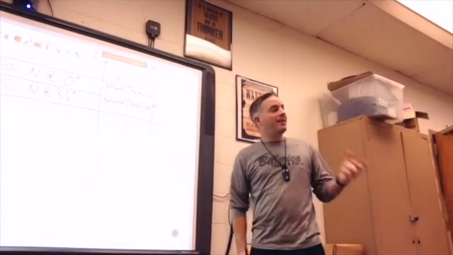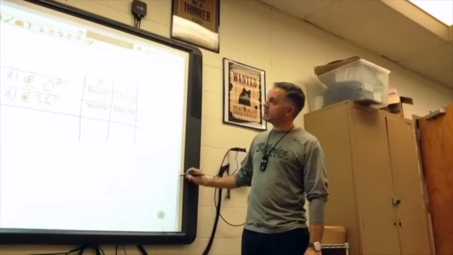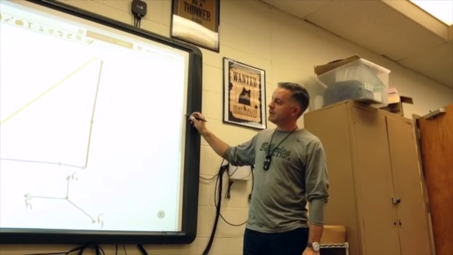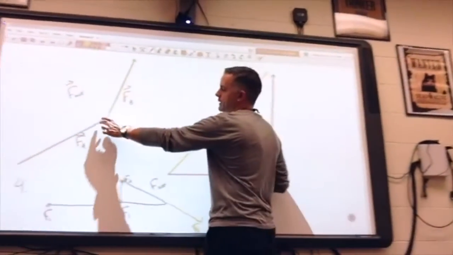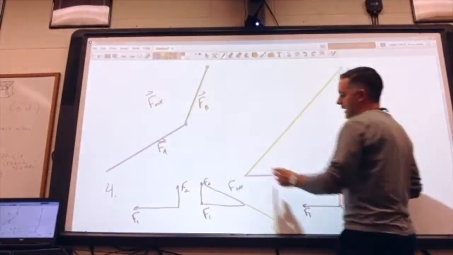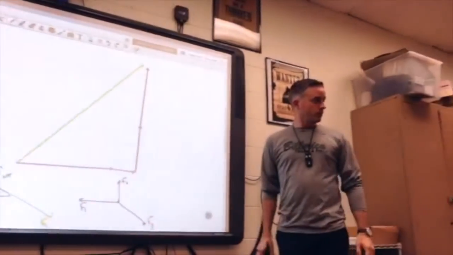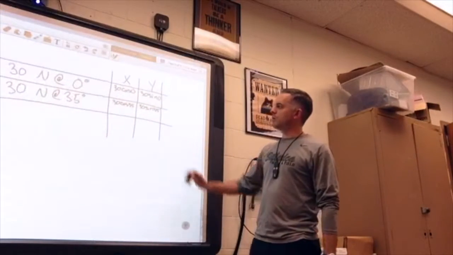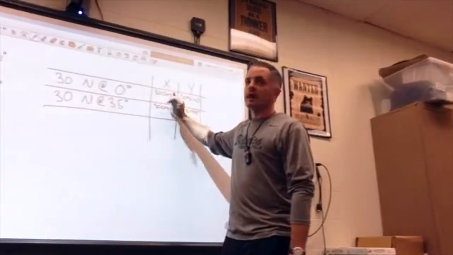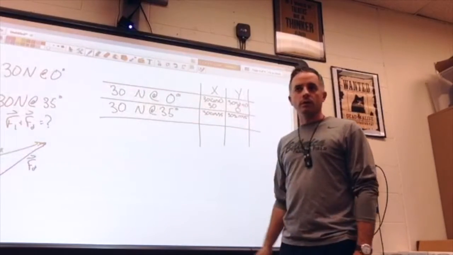So by doing this, if we go back to the drawing we had above, I've taken my two force vectors here and I've now created the components. That's what I've done with my two columns right here. 30 cosine of 0 is 30. 30 sine of 0 is 0.